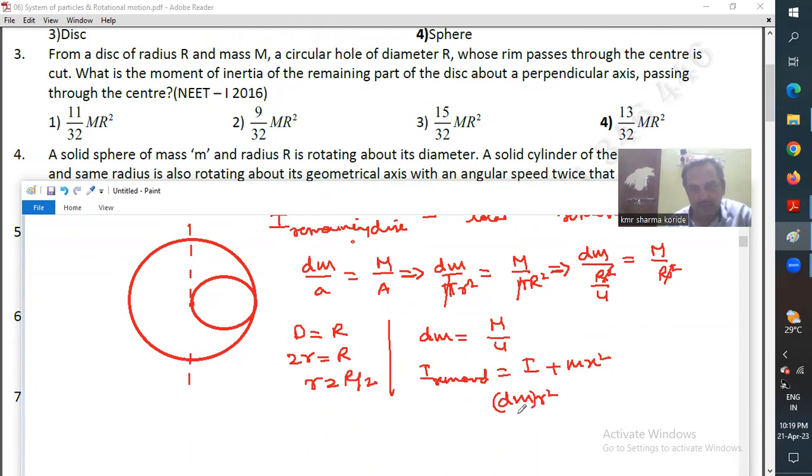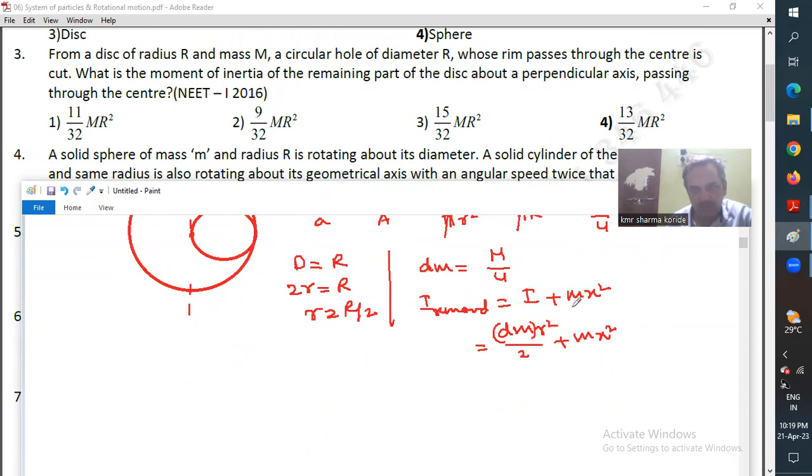And since it is a disk, the moment of inertia about an axis passing through the center is m by 2 R square plus m x square. So this is m by 4 multiplied with 1 by 2, and the radius is going to be R square by 4, plus once again dm, m by 4. x is, if diameter is R, x will be R by 2, so this is going to be R square by 4.